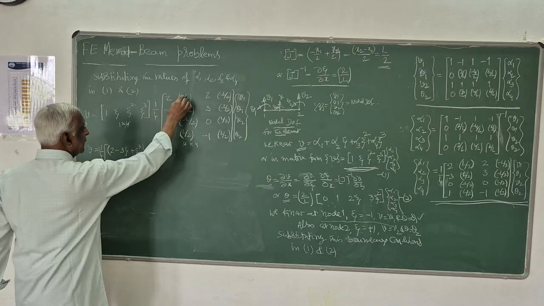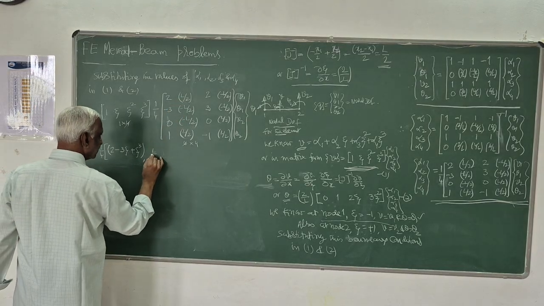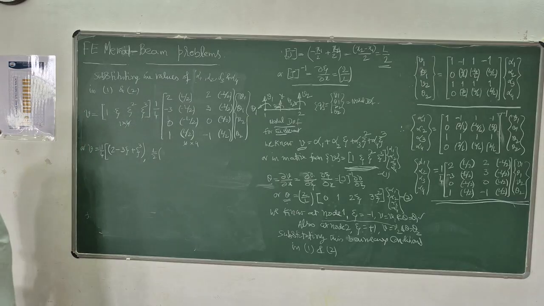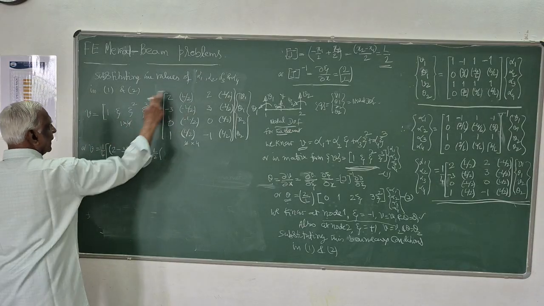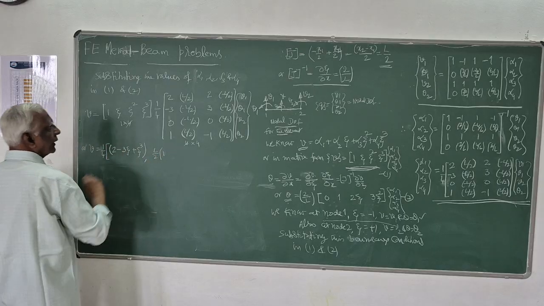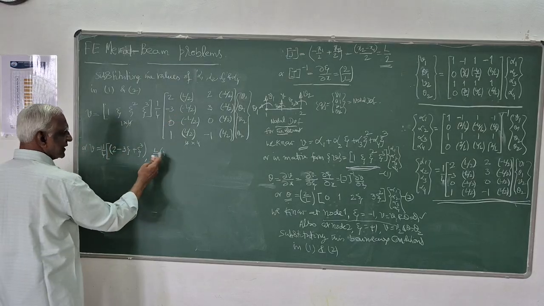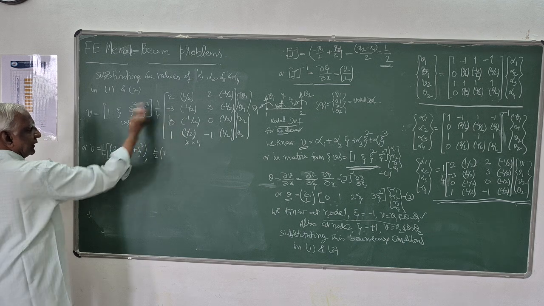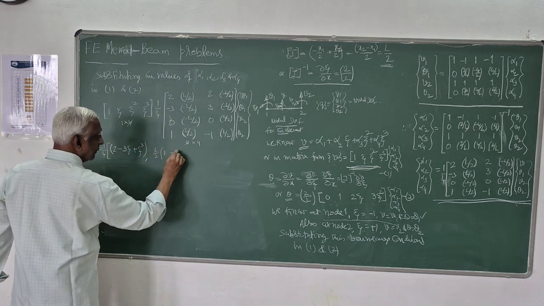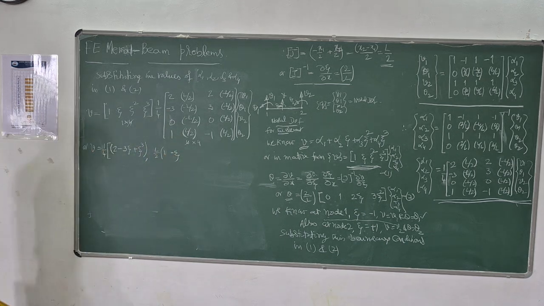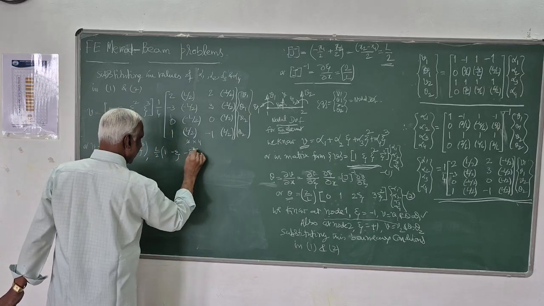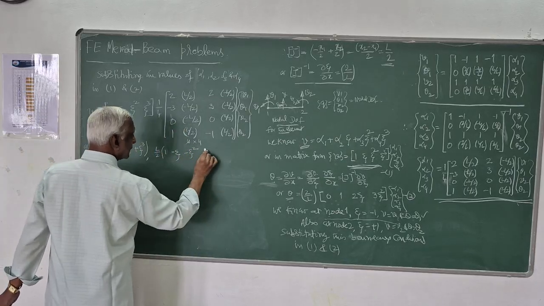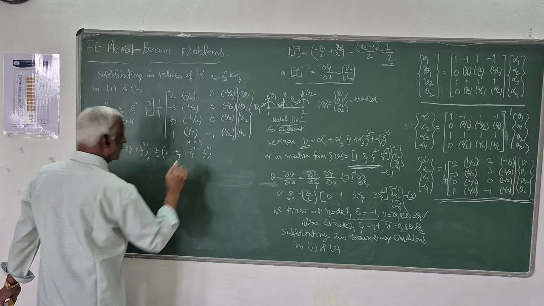Then second one, L by 2 into 1, 1 minus L by 2 into 0, psi. L by 2 I have taken outside, so it will be 1 minus psi, then this is minus psi square, then this is psi cube.